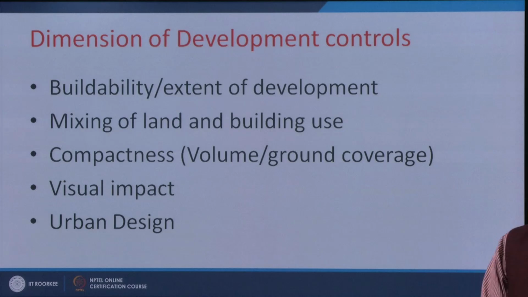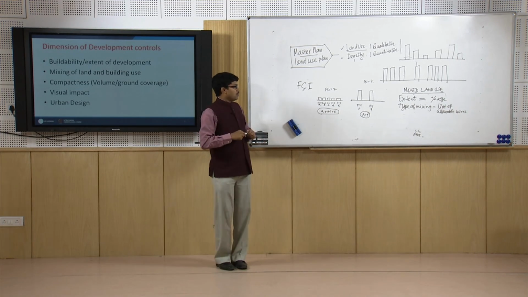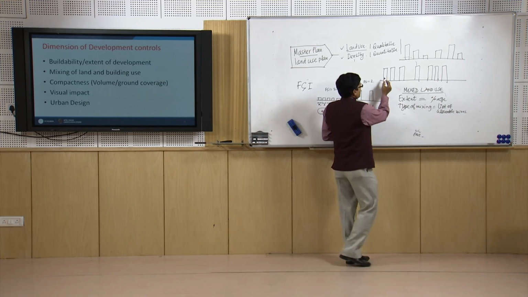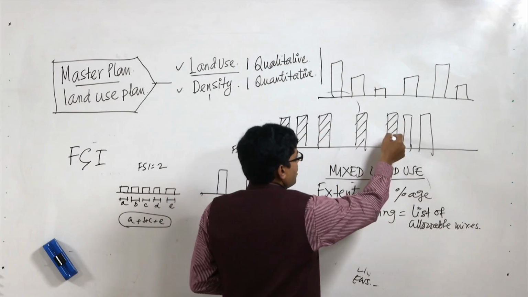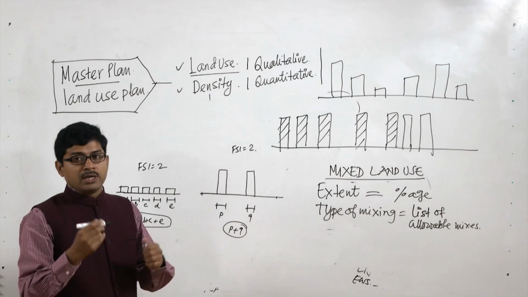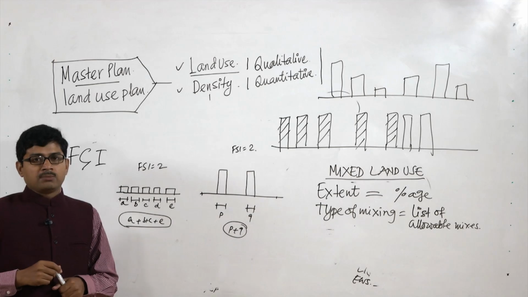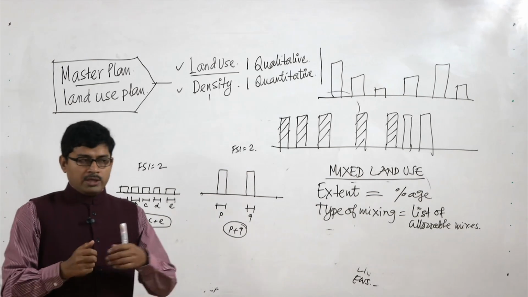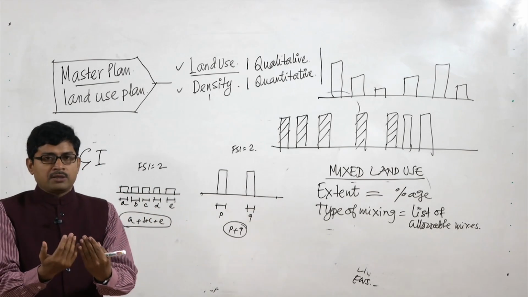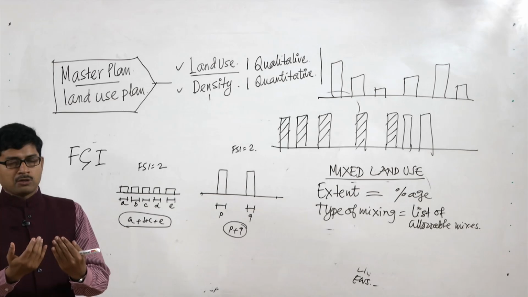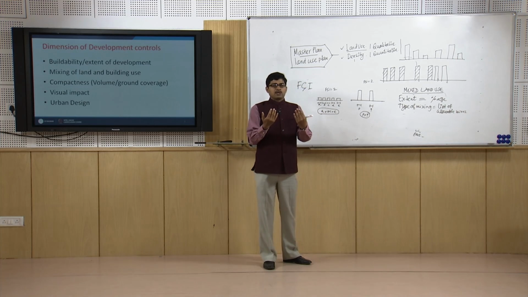Another very important factor is urban design, which also includes these parameters and, in addition, deals with elements such as how a common visual relation can be established between different buildings in different plots. For example, we can design a commercial complex in one plot and another commercial complex in a different plot, but when you see the two buildings side by side, how can we establish a visual relation so that together both buildings look very nice and harmonious?